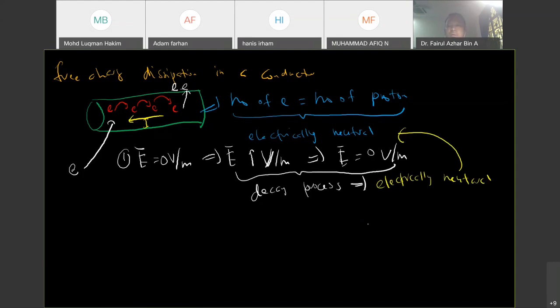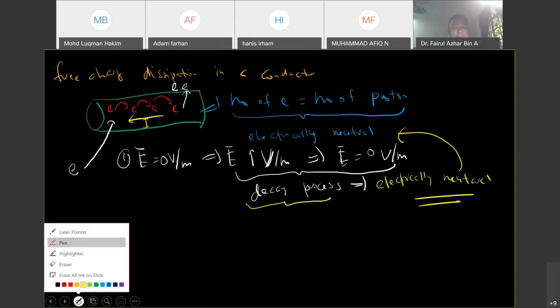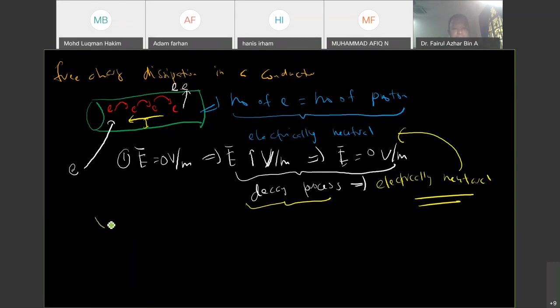So how much time does it take for the charge to reach electrical neutrality inside this decay process? We begin with the expression that we saw just now: del cross J is equal to minus del rho V divided by del t.